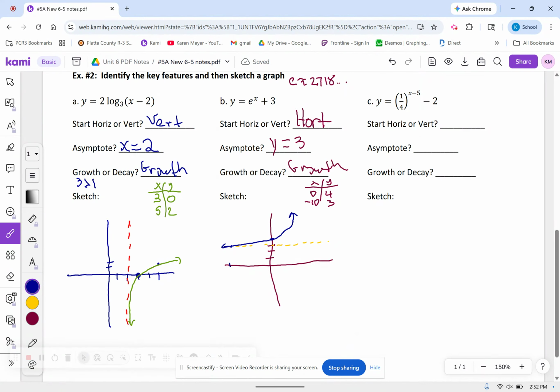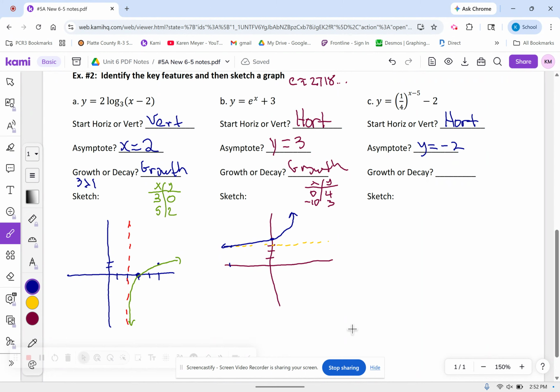Okay, so the last one, once again, I noticed that x is a power, so this is going to be like our second one here. So this one is going to start horizontally, and it's going to have a horizontal asymptote, y equals k, which is -2.